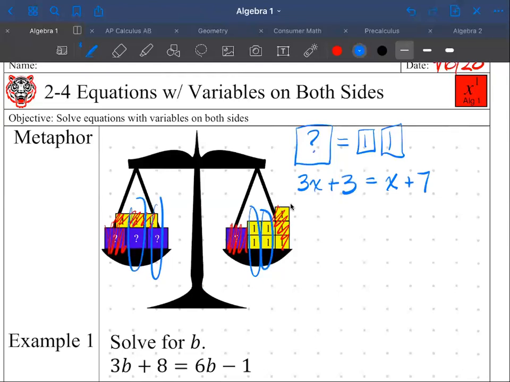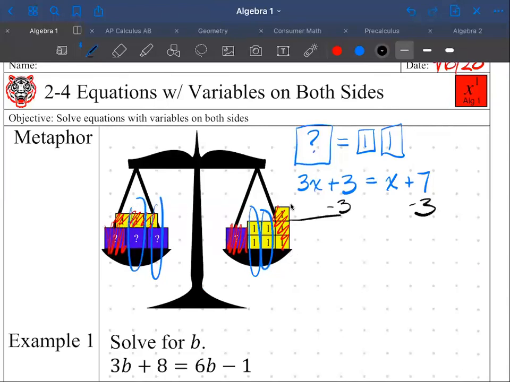So let's get someone new talking here. What do we do to both sides? Yeah, Ripley. You subtract 3. Yep. Subtract 3. That's the equivalent of taking these 3 blocks away from both sides.